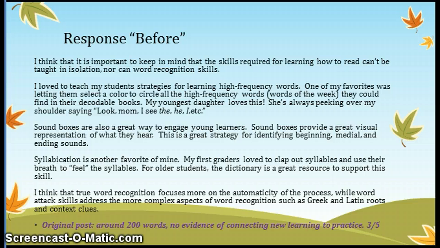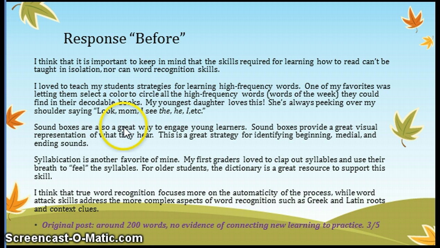So I don't necessarily see any connection to the word recognition skills as they were discussed in the chapter that you read. I can see some of this related to phonics, but they haven't described how sound boxes could be used for phonics. I also see that this student hasn't really described what a sound box is.